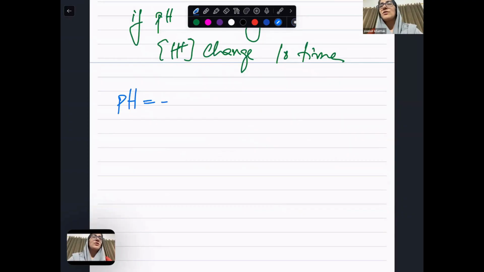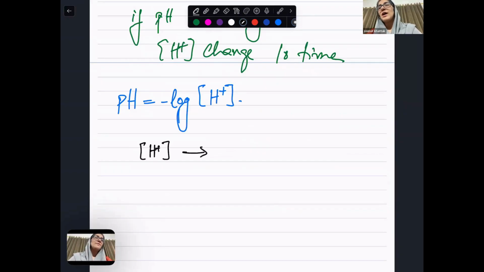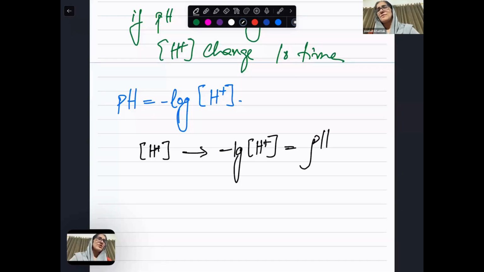pH is the negative log of the concentration of H plus. If I know H plus, I take the negative log of H plus, and that is pH.